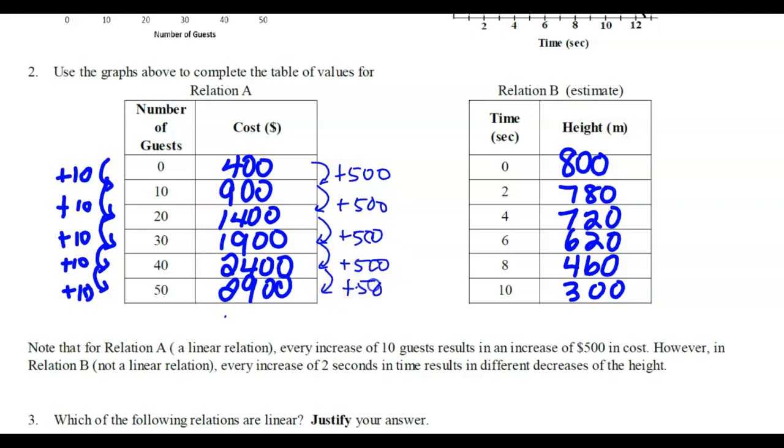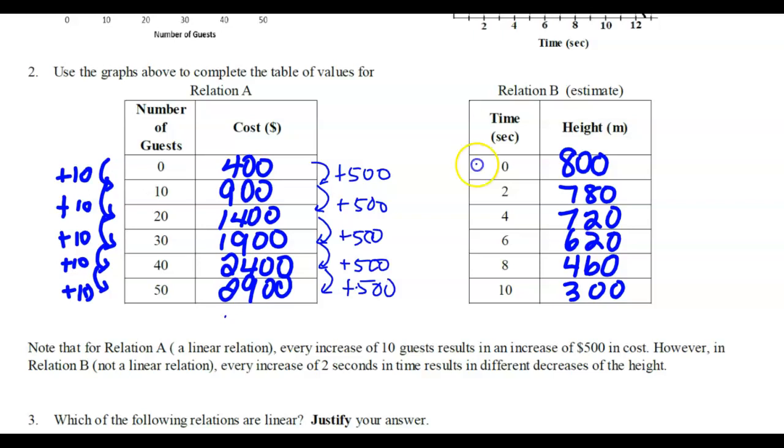So that's saying for every increase of 10 guests results in an increase of $500 in cost. Basically $50 a guest. That confirms it's a linear relation. The change in the independent variable has to be consistent all the way with the change in the dependent variable. So that's linear, because sometimes you're not going to be given a graph.